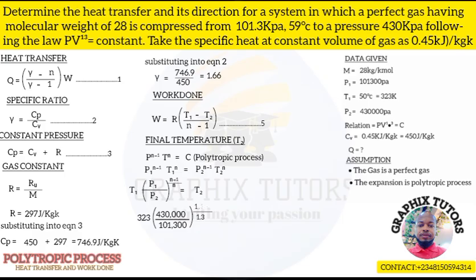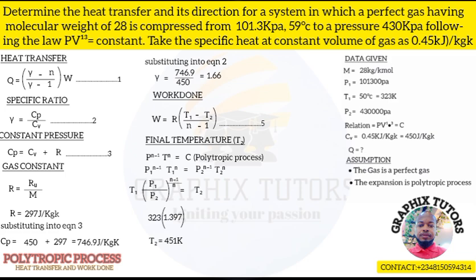So 1.3 minus 1 is 0.3 all over 1.3, and when you divide 0.3 by 1.3, you have 0.231. When you divide 430,000 by 101,300, you have 4.25. So 4.25 raised to the power 0.231 gives us 1.397. If you multiply it by 323, you have 451 Kelvin. So that's my final temperature T2.